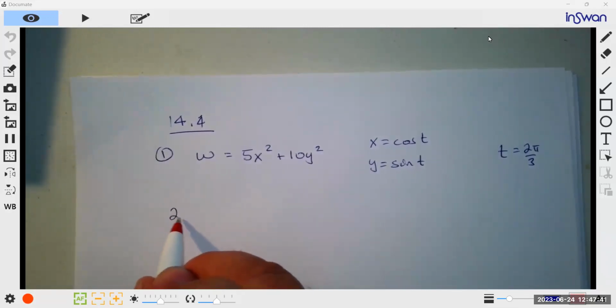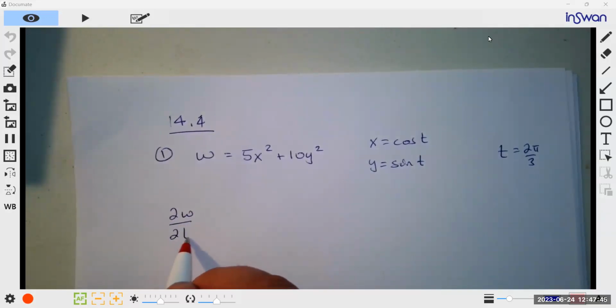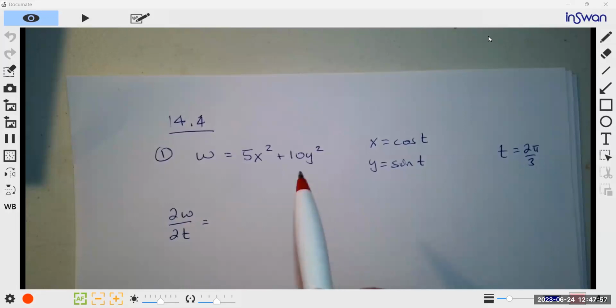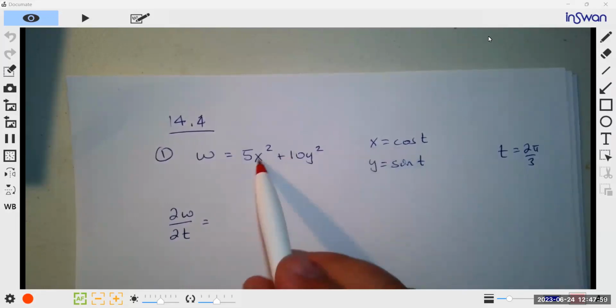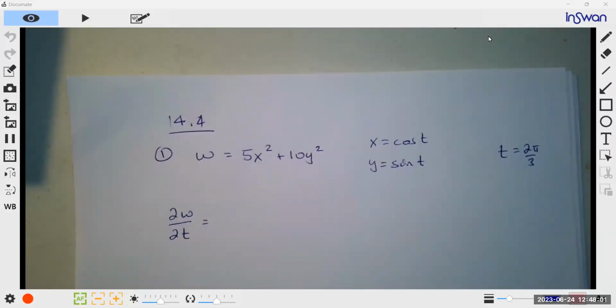So at first, we're asked to find the derivative using the chain rule, and also by putting this in place of x and going from there directly.